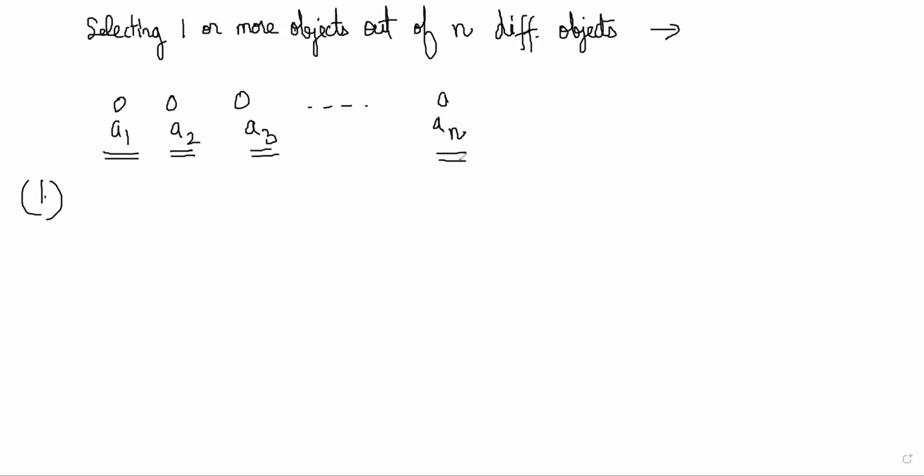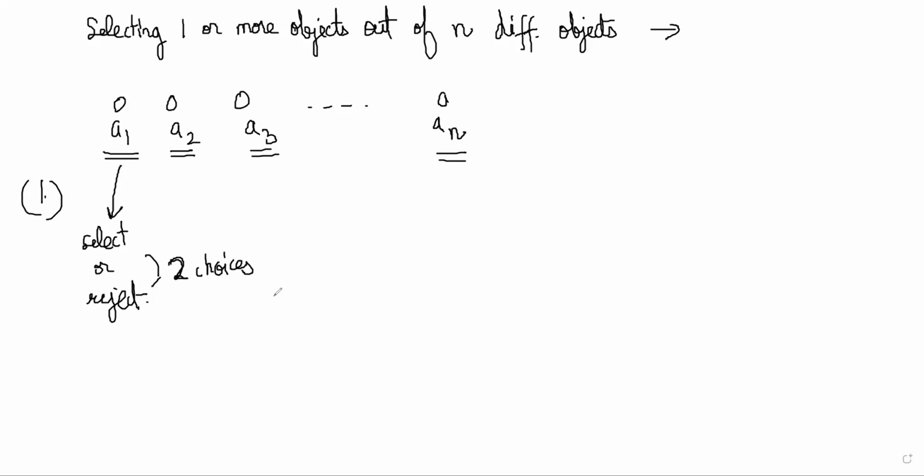While making your selection, you'll have to decide whether to select the first object or not. You can either select it or reject it, so there are two choices for the first object.